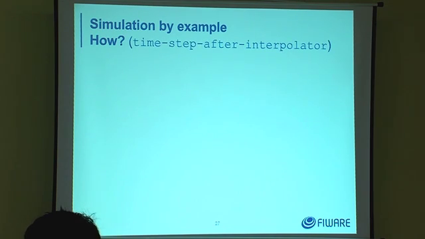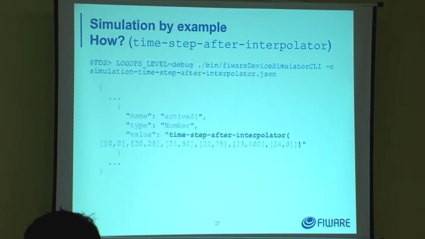We also provide this time-step-after-interpolator, which allows you to simulate these staircase interpolators. Basically, once again, you will be able to set the decimal hour and the final value the interpolator will be generating. For example, in this case, from 8 p.m. on, it will get the value 25 until 9 p.m., where it will get the value equal to 50.